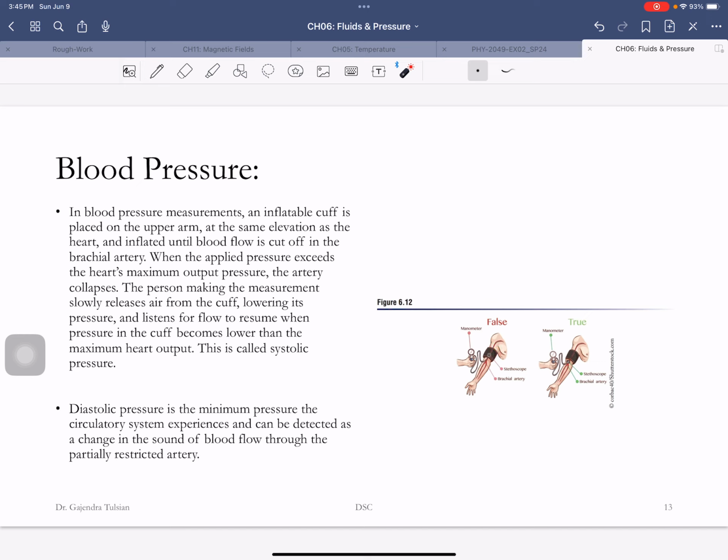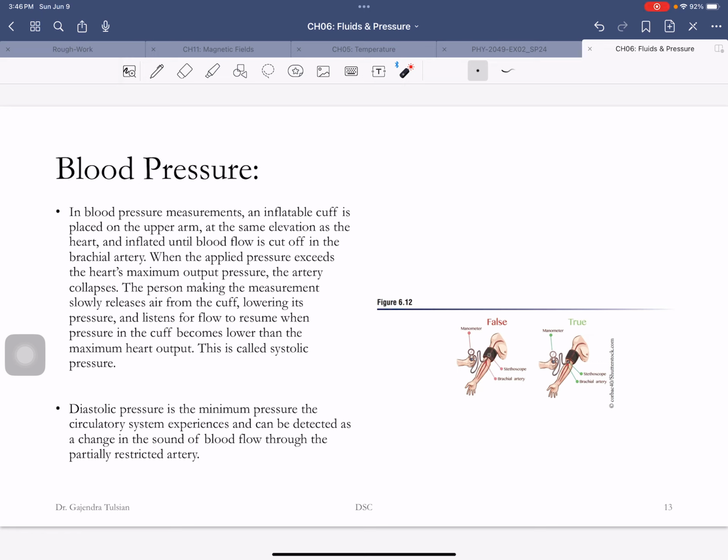So what you do is you apply high pressure, make the blood stop, and then slowly start reducing the pressure, and listen to when the blood first starts flowing. By the way, the cuff has to be at heart level. So when the applied pressure exceeds the heart's maximum output pressure, the artery collapses.